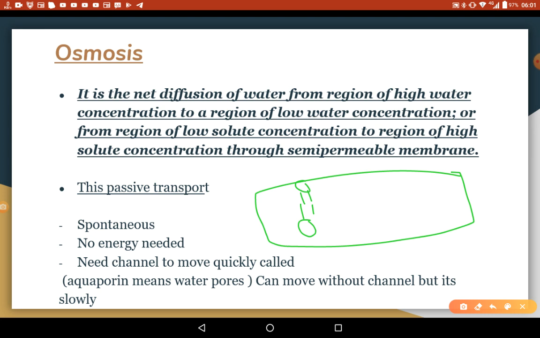This phosphate head is hydrophilic, so it loves water, but the tails are hydrophobic, so the water cannot pass easily through this membrane. It needs a channel called aquaporin.